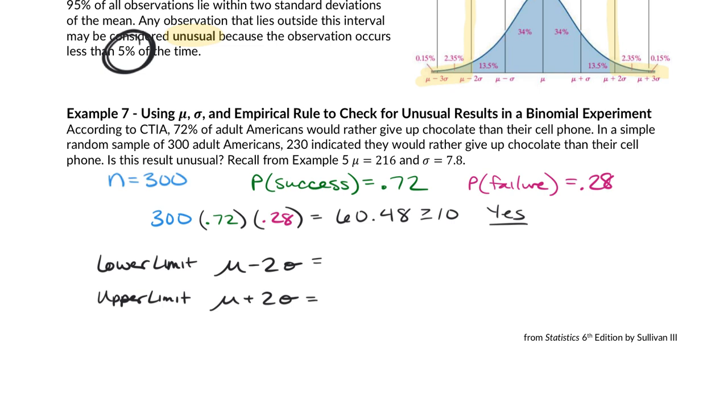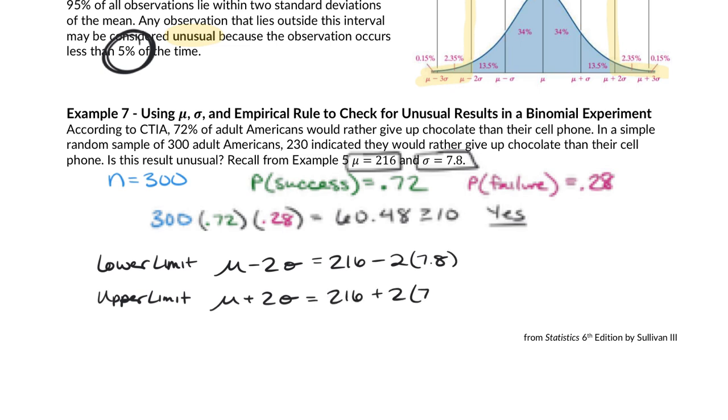We had that mu is 216 and sigma is 7.8. So we just do 216 minus 2 times 7.8 and 216 plus 2 times 7.8. One plus, one minus. So our lower limit for unusualness is 200.4 and our upper limit is 231.6.